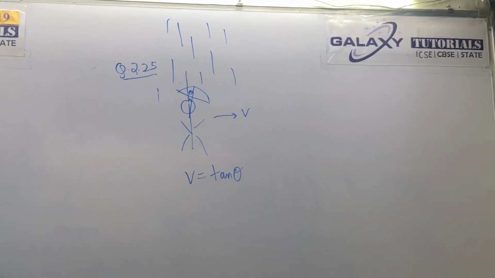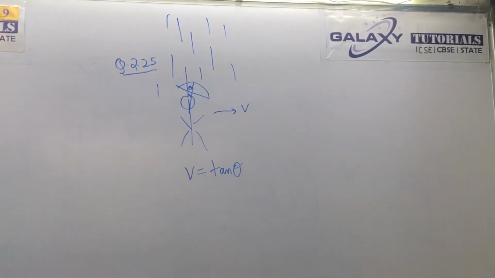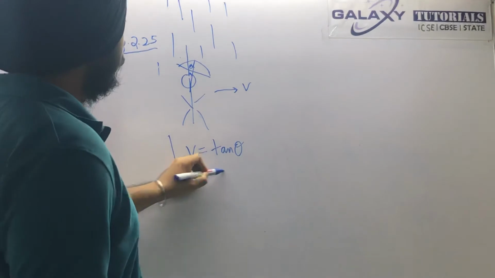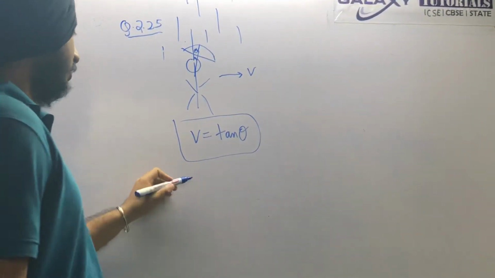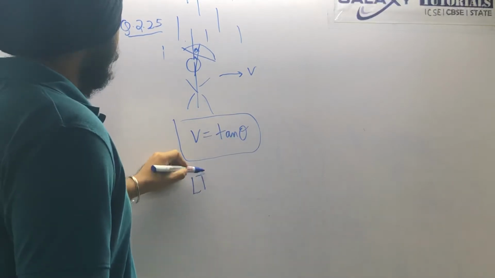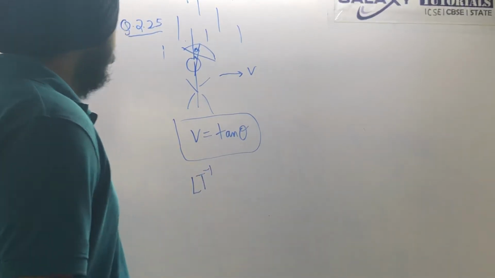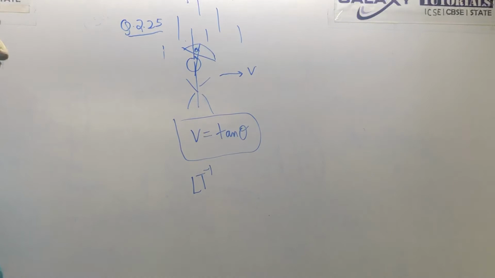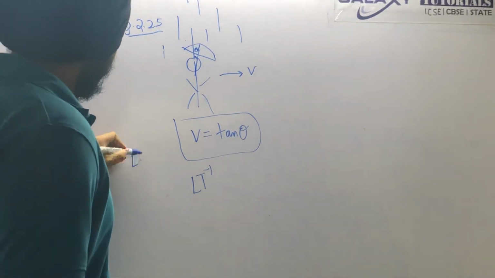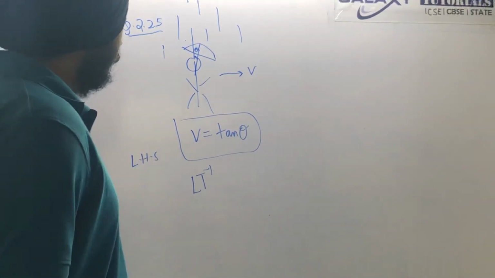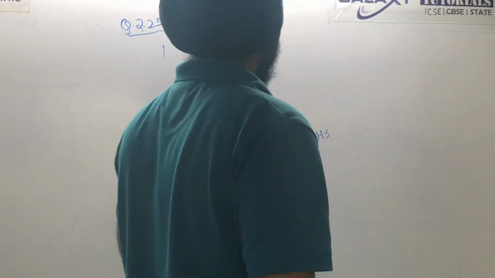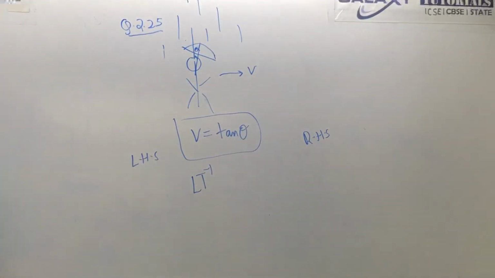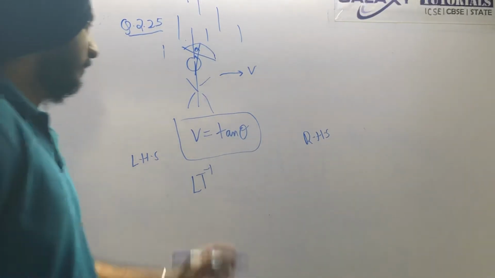So how will you proceed in this question? Just look at this relationship carefully. Is this relationship true or not? The left-hand side has dimensions LT raised to the power minus 1. On the right-hand side, we have tan theta, and tan theta is always dimensionless.